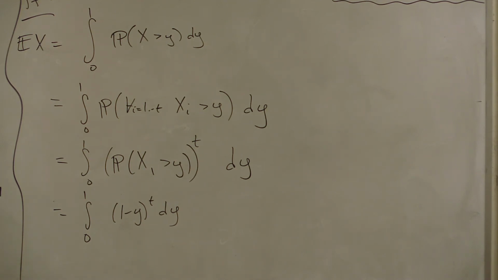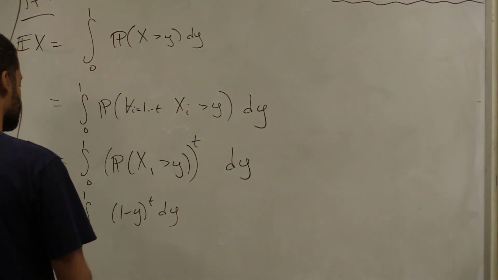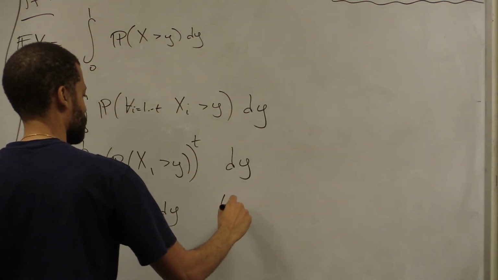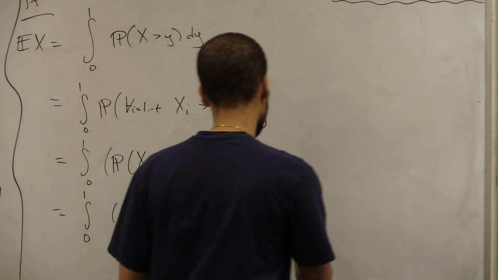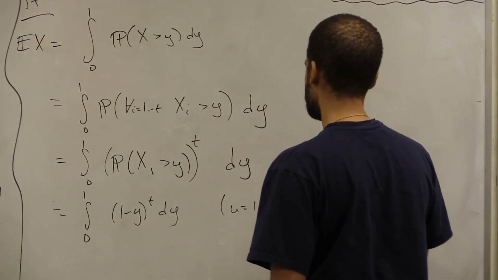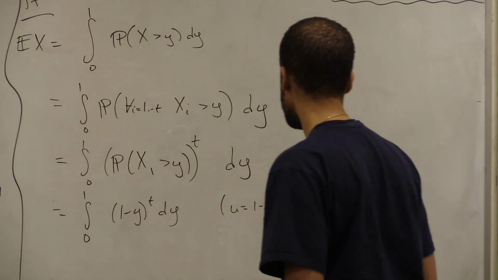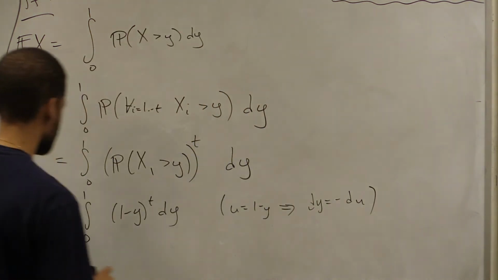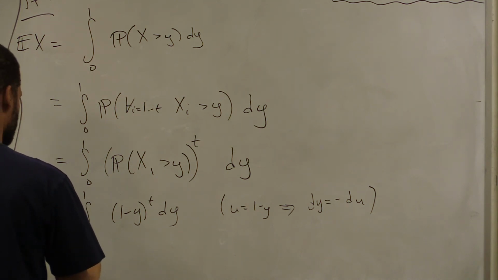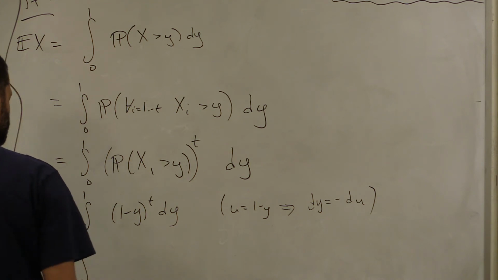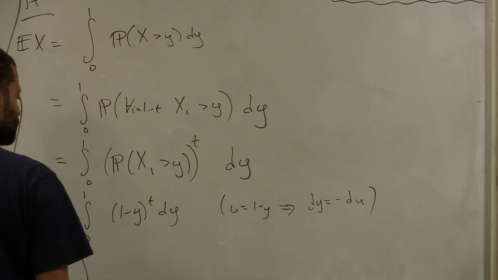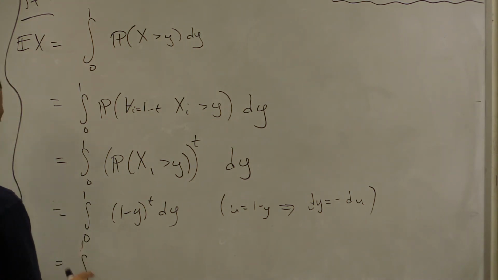Okay. And then you can do a u substitution, right? Just set u to be 1 minus y, which implies that dy is equal to minus du. So this is equal to the integral from 0 to 1 now. So u now goes from 1 to 0, and there's a minus sign.